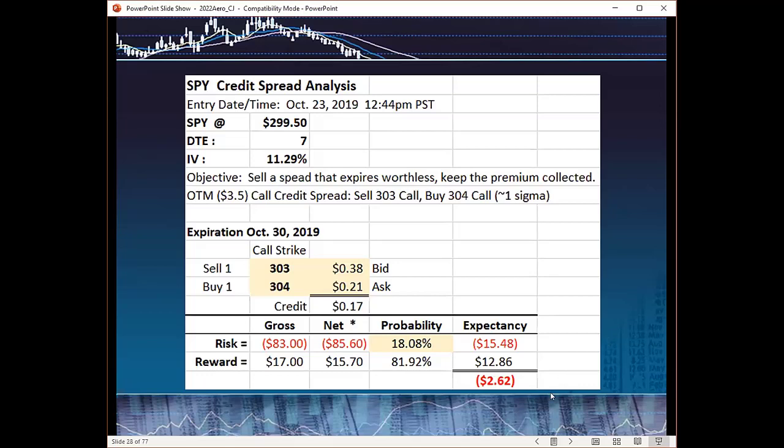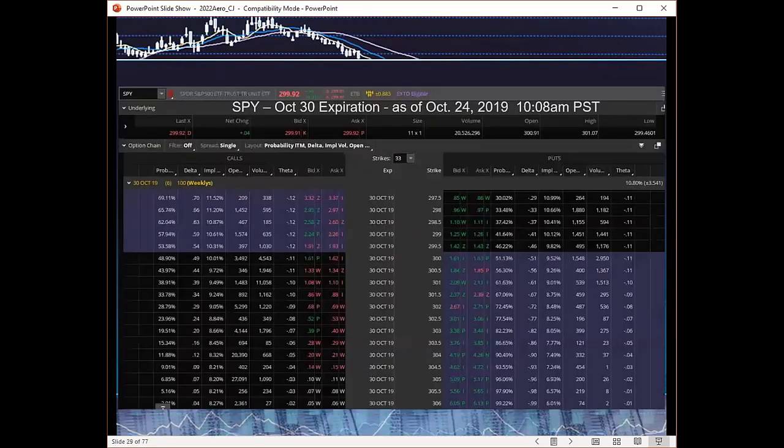So when you do the math on expectancy, you come out with a negative number of $2.62 on one spread. Well, that's not real promising. So again, you can see from the options chain that the spreads between the bid and the ask are mostly one cent to two cents. So there's no real wiggle room there.